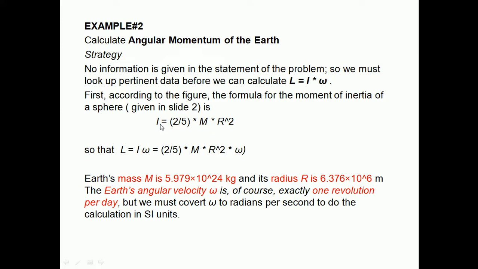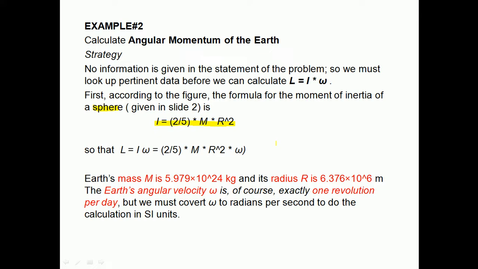For the sphere, the moment of inertia is calculated by 2/5 multiplied by mass multiplied by the radius square. We have given the formula for the moment of inertia of a number of objects in slide number 2. In the case of the sphere, I will highlight this, the moment of inertia is this formula.